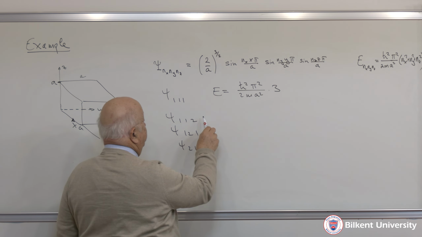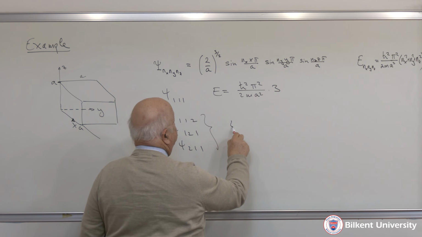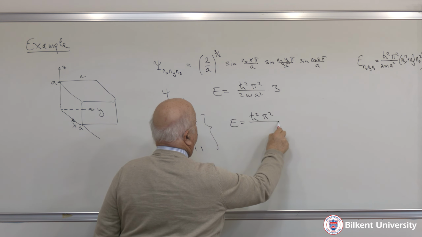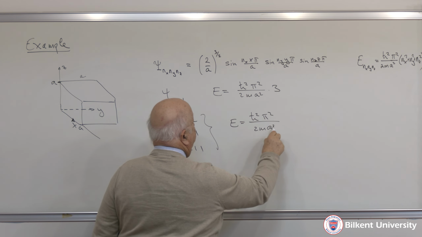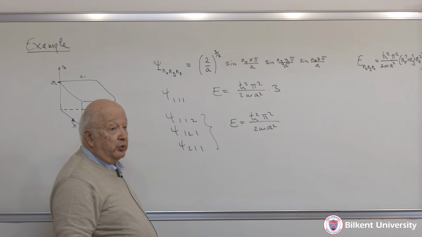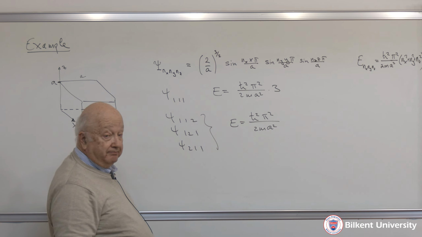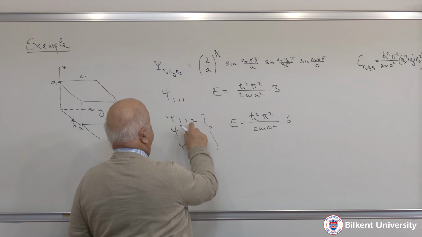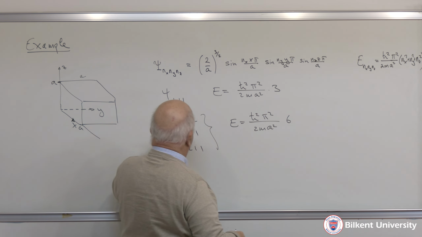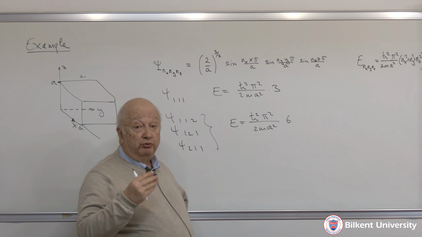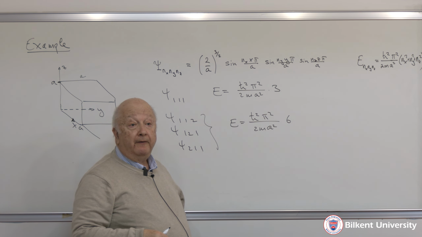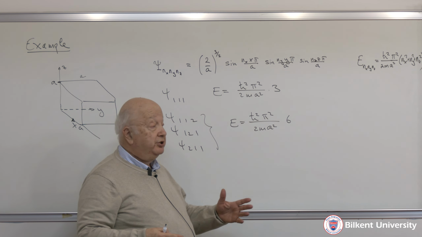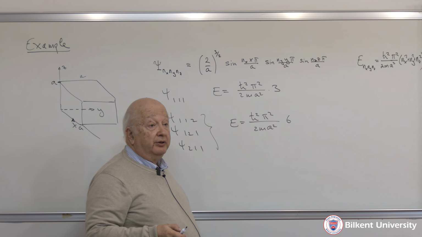All three of these are going to have the same energy, which is going to be h bar squared pi squared over 2m a squared times 6, because 1 squared plus 1 squared plus 2 squared. So this energy level is now threefold degenerate. We know that there are three states which have that energy.